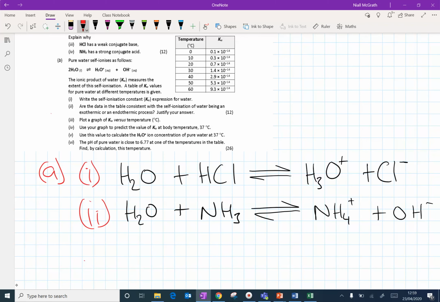Part 3 then is explaining why HCl has a weak conjugate base. So HCl is a strong acid. It easily donates a proton. It is a good proton donor. So that would be the main one that we'd look at, really. I suppose that would be the first one.